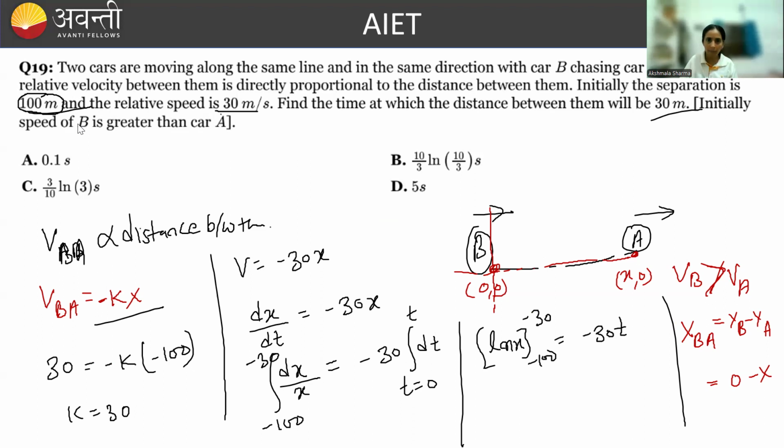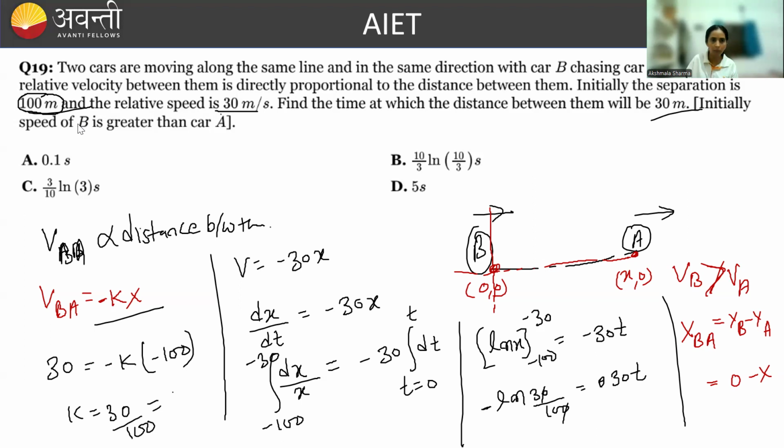So if you put the values, this will become ln 30 by 100, and this is equal to minus 30t. Am I correct? We have not missed anything, I suppose. So the 0 will get cancelled, and the minus sign cancels. Did I write the value of k wrongly? 30 by 100, right?